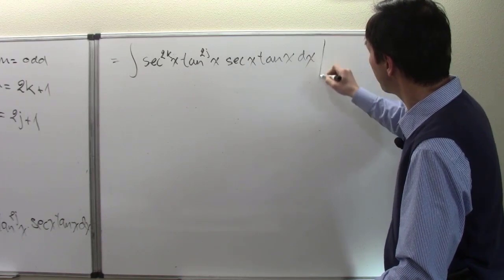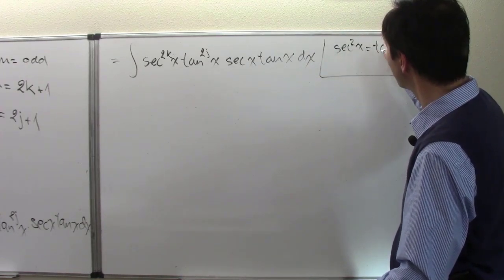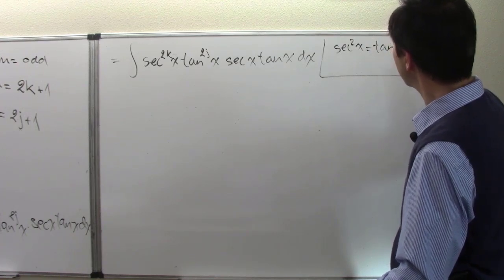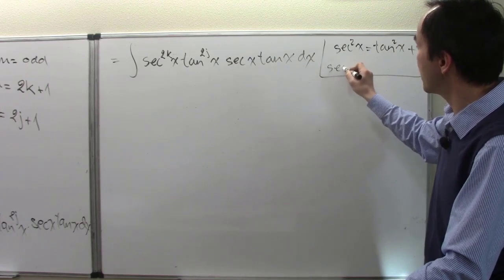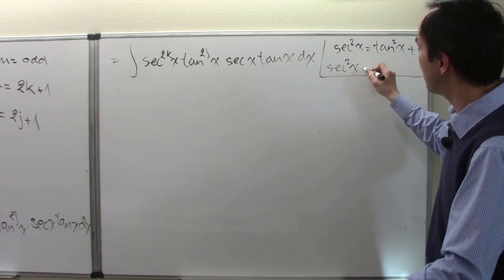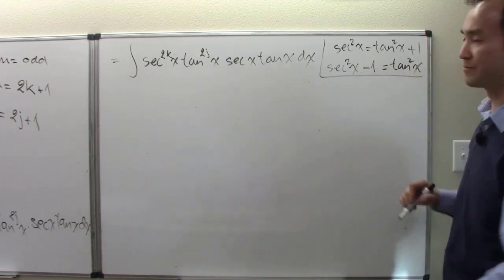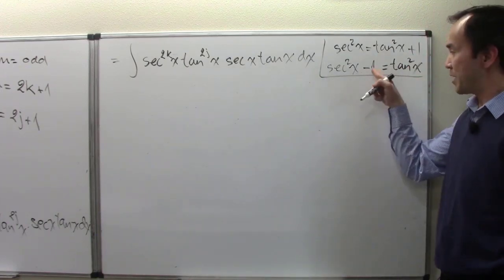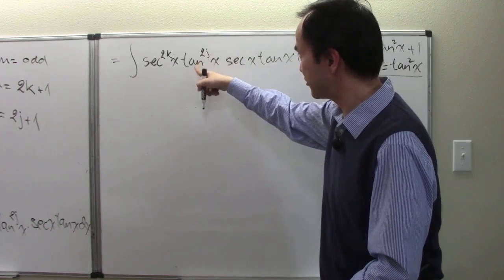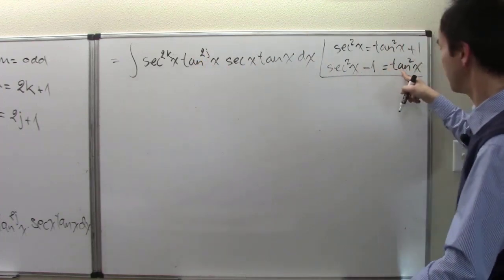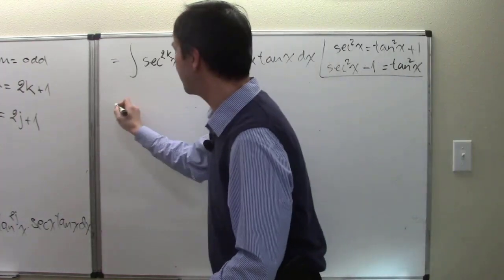From the known identity secant square of x equals tangent square of x plus 1, we can rearrange this identity as secant square of x minus 1 equals tangent square of x. So the plan is to substitute the tangents to the even power right here using that identity.